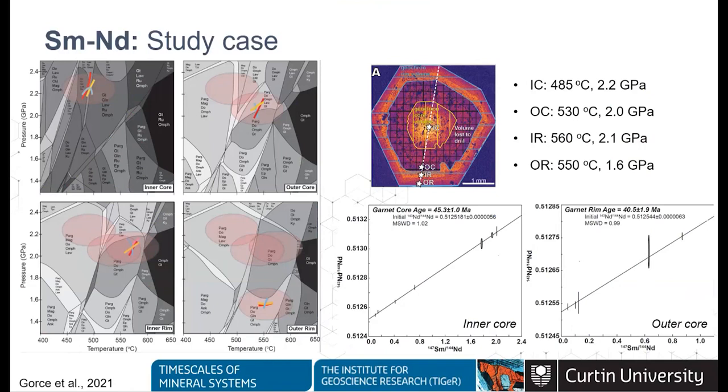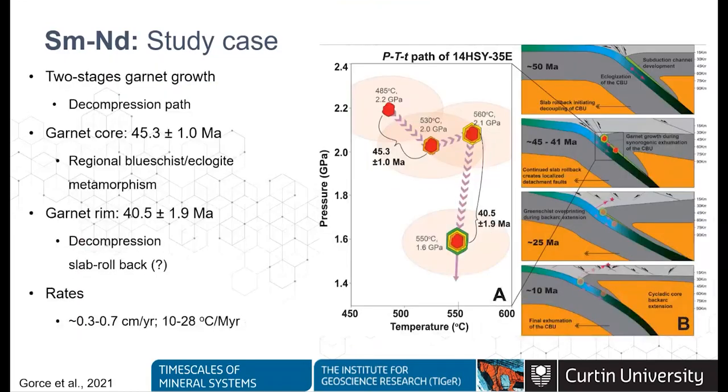So just by coupling pressure temperature conditions and very precise ages, they were able to understand how this subduction zone was working. Their interpretation is that the garnet grows in the decompression path.